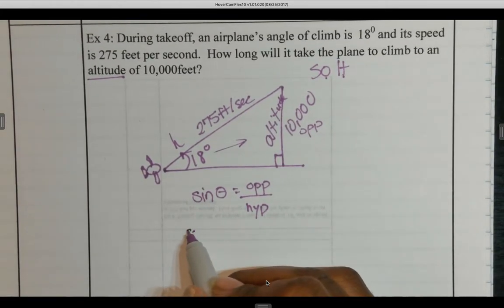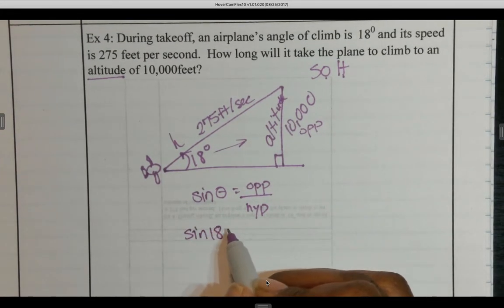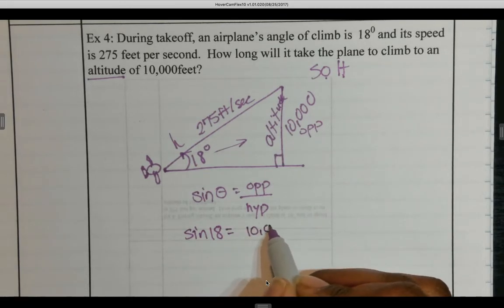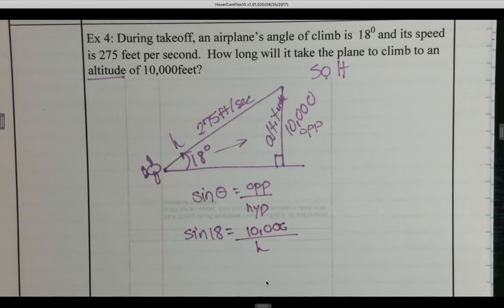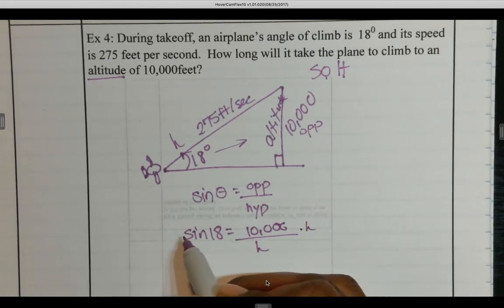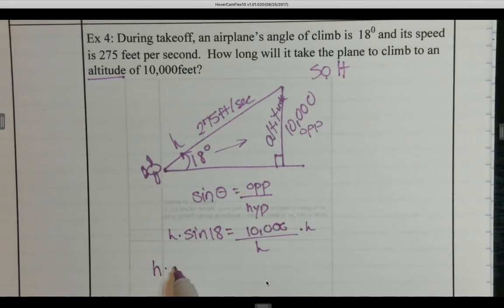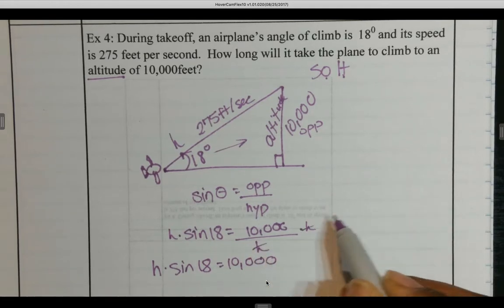So sine of 18 degrees equals my opposite side over my hypotenuse, which I don't know. I'm going to multiply both sides by h. So I have h times sine 18 equals 10,000, because my h's cancel out.